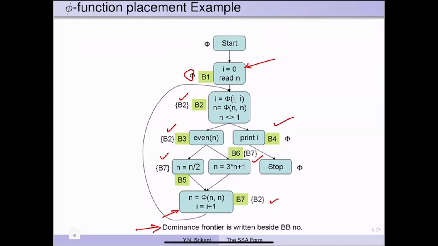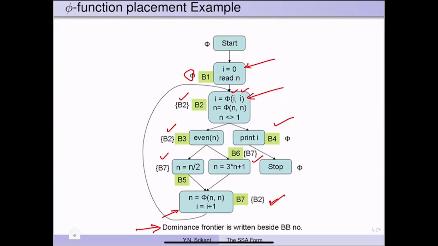But for I and the B7 combination, B2 is the dominance frontier. So we insert a trivial 5 function here. A trivial 5 function is the one in which the parameters are not yet distinguished. They are the same, I comma I. It is not I1, I2 or I3, I4, etc. We will do that in the next step.